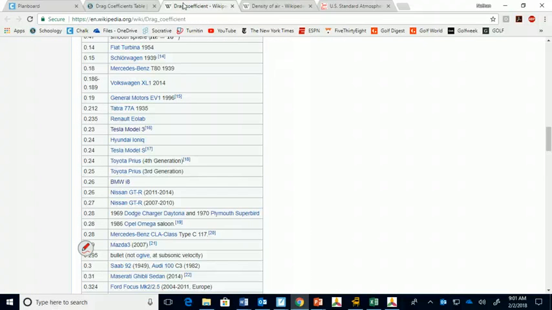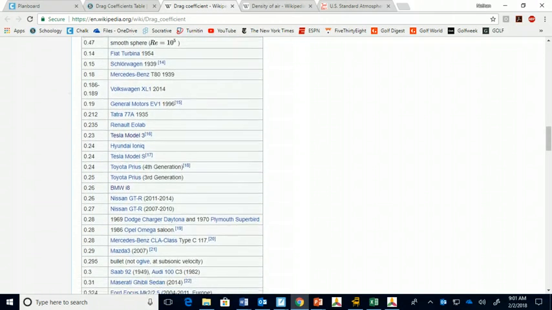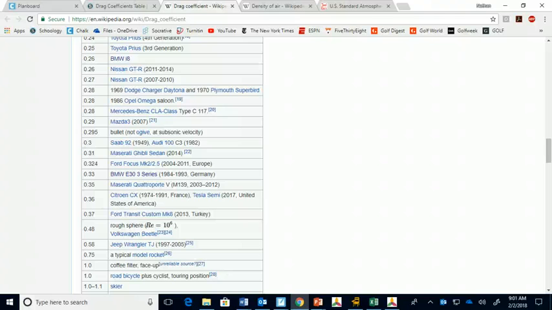Drag coefficient of the car. Do we see it? What was our number for that one? There we go. The BMW E33 series, so 0.33 is the drag coefficient on that car. You plug it in.